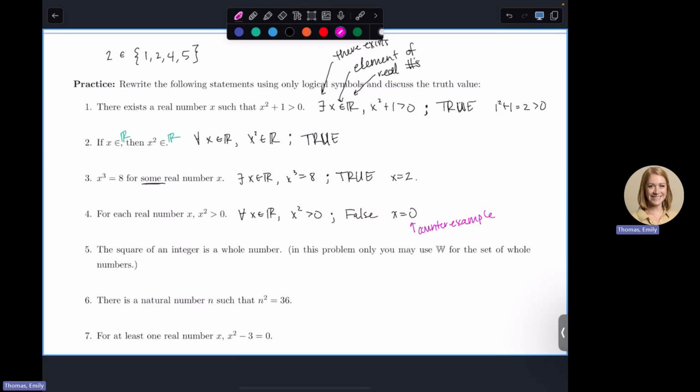It's good to see. The square of an integer is a whole number. You can use W for whole numbers. I'll start you out.